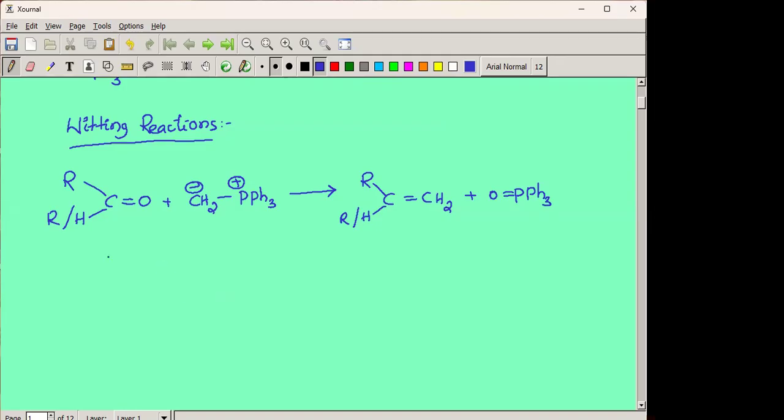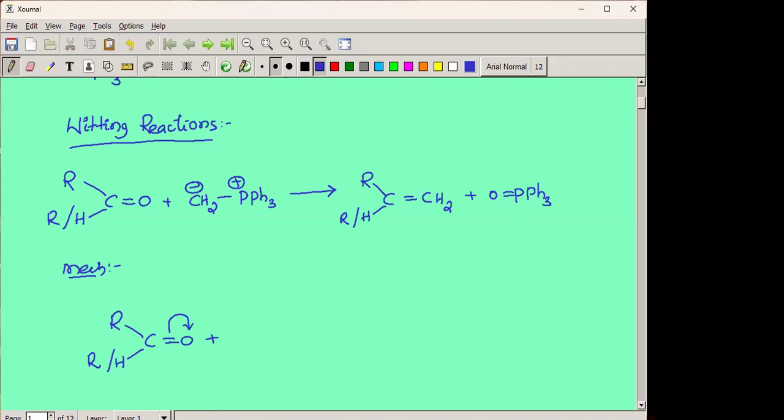So how this is involved in the reaction, that is the mechanism of the reaction. See here, the negative part of the ylide interacts with this carbonyl carbon. The oxygen is the more electronegative atom, so due to the electronegativity, the pi bonded electrons are shifted towards the oxygen atom.